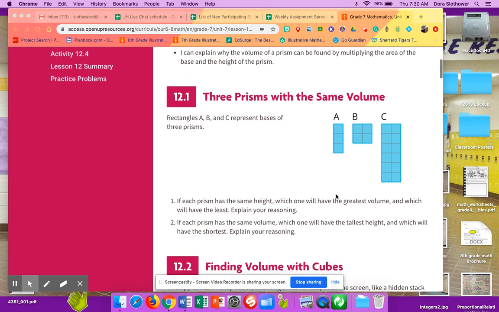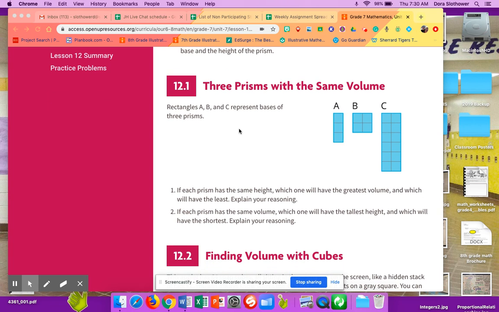Then it says rectangles A, B, and C represent bases of three prisms. If each prism has the same height, which one would have the greatest volume and which one would have the least? So if they were the same units tall, let's say they were all 2 units tall.